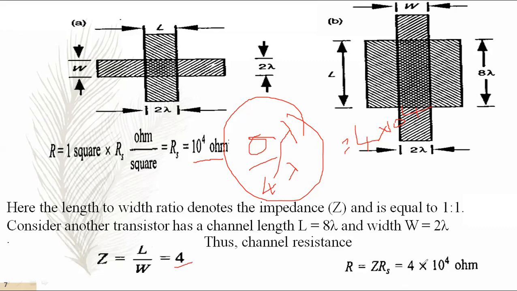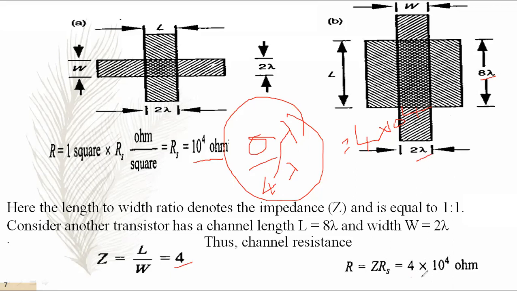So 4 squares into 10 to the power of 4 ohms per square. The square cancels, giving 4 into 10 to the power of 4 ohms when length equals 8 lambda and width equals 2 lambda.